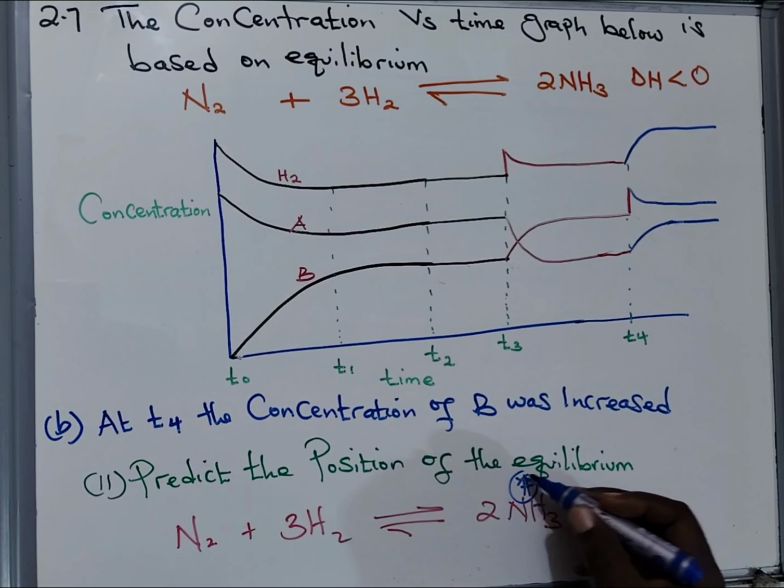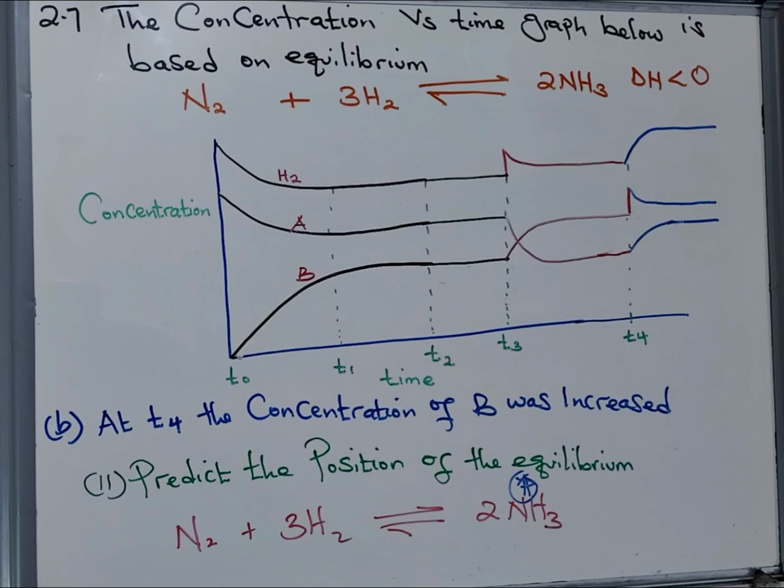Okay. And doing that is tantamount to disturbing the equilibrium. So what will happen? The equilibrium reacts by decreasing the ammonia you have increased. How does it do it? It does it by forming our reactants. So that's what happens. Because of that, this one drops a bit.